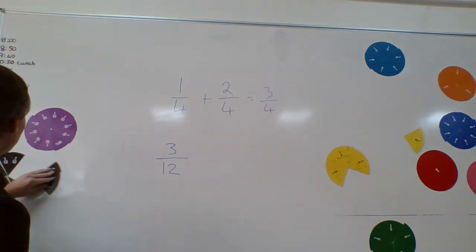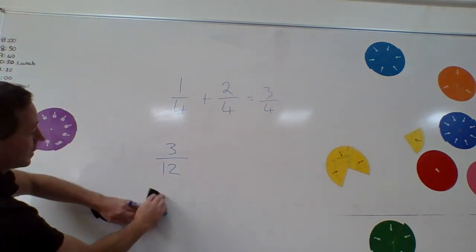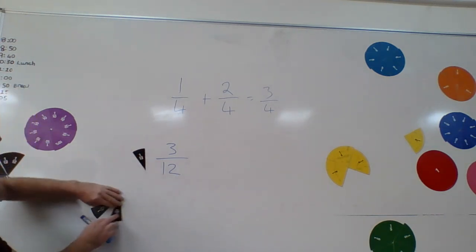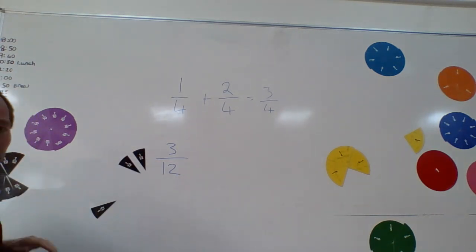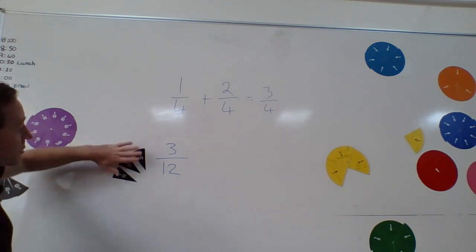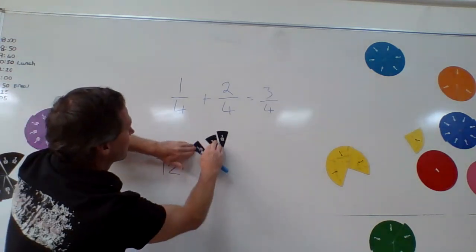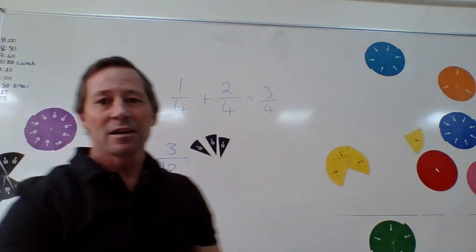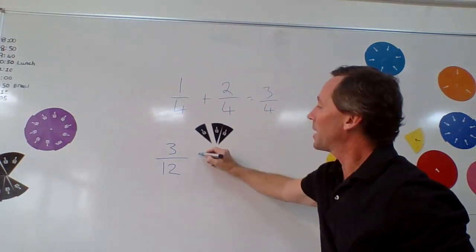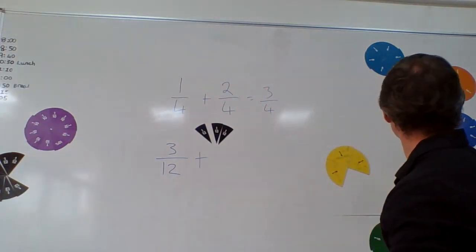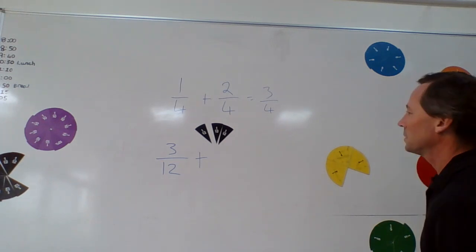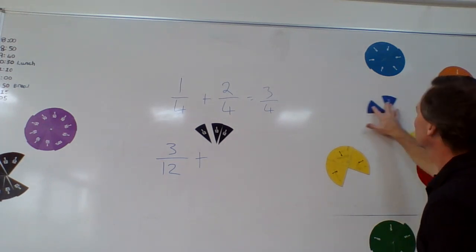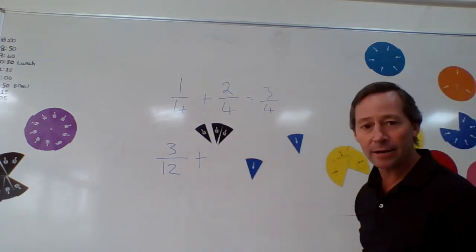3/12, which I can show you here. I have 1/12, a second 1/12, and a third. So 3/12. And I'm going to add that to, let's make it this one here.